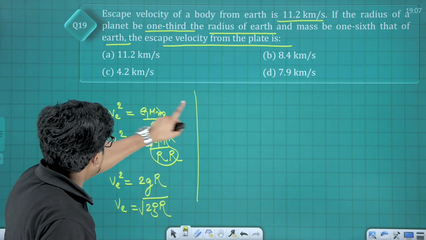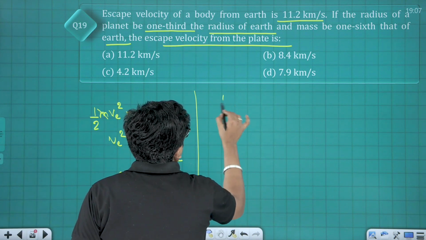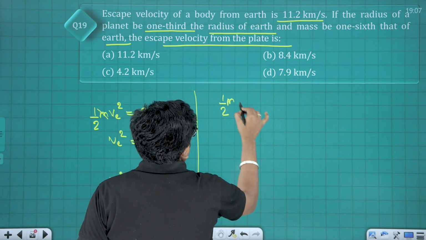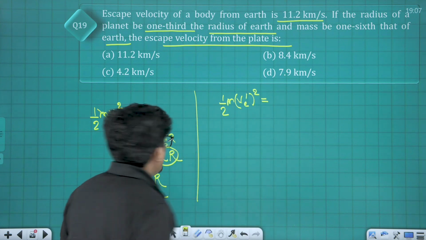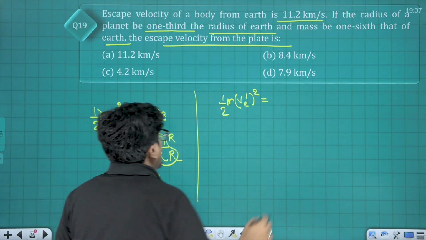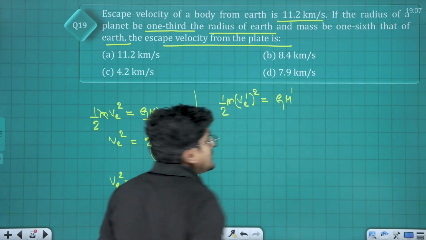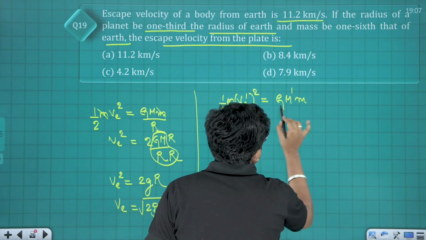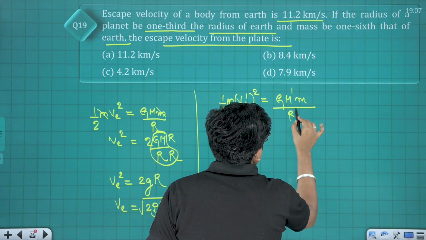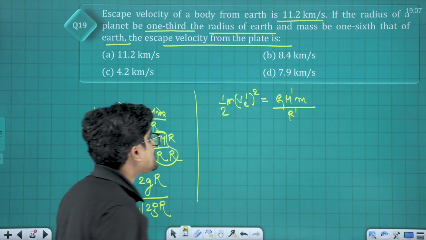Now if we go for the new case, there half of m into VE dash square is going to be, okay, G into the new mass, that is M dash, into the mass of the body, that is m, upon the new radius, that is r dash. Alright.